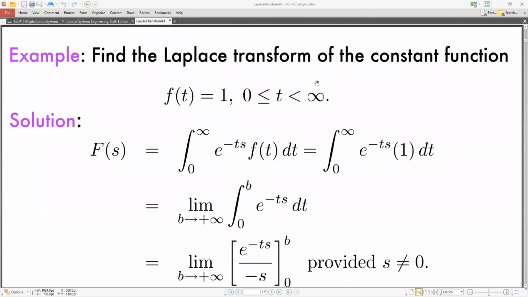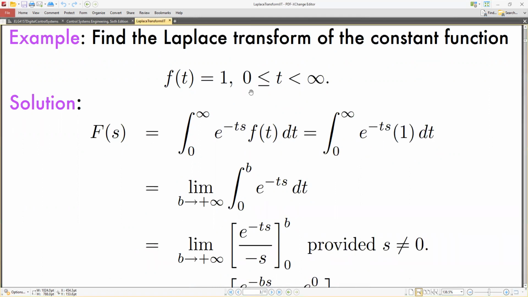Example: find the Laplace transform of the constant function. So the question is to find the Laplace transform of this function, f of t equal to 1, where the range of t is 0 to infinity. What would be the Laplace transform? It is the integral from 0 to infinity of e to the power minus ts f of t dt. So instead of f of t, we can write 1. So see here what would happen.